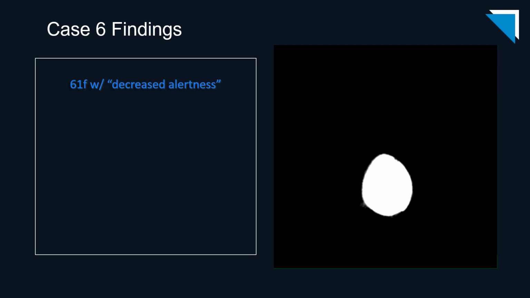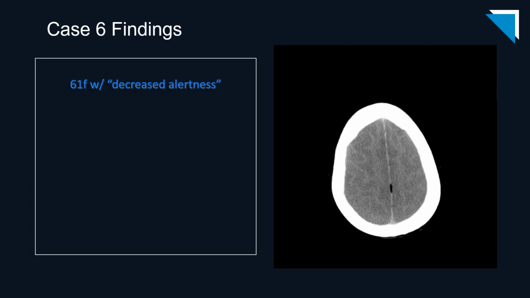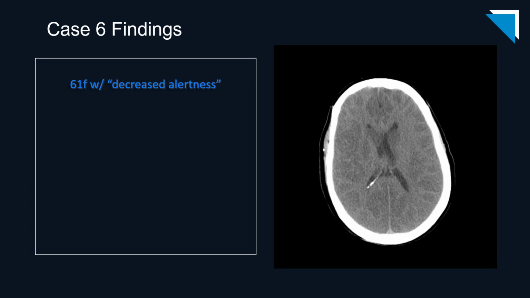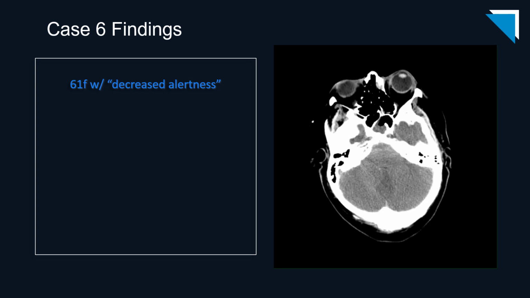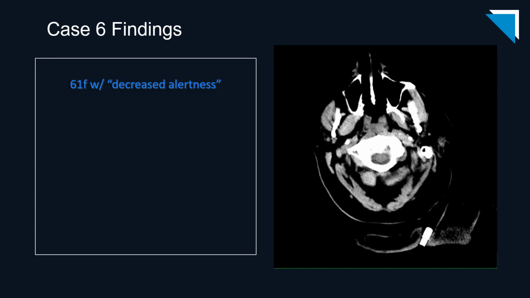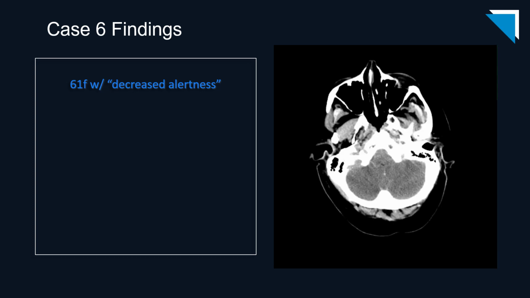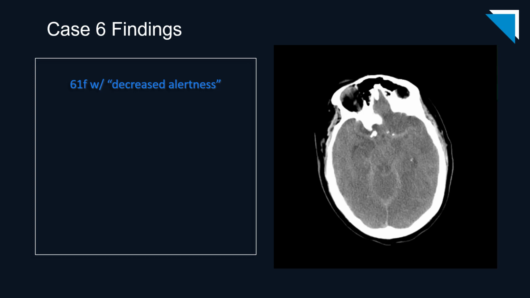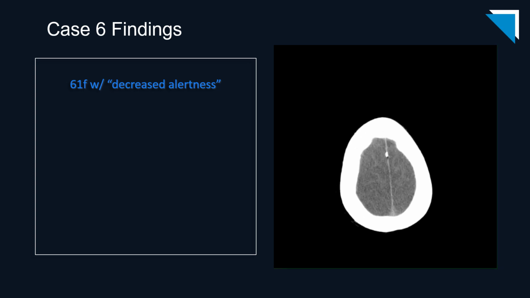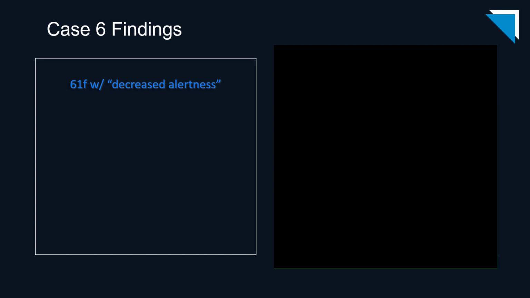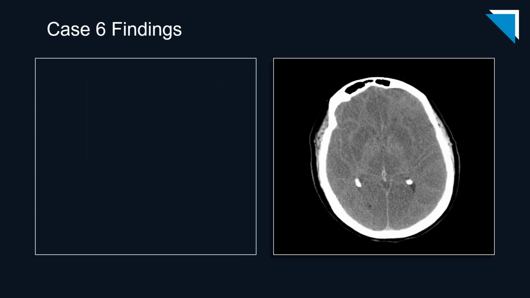The axial images, the findings in this case are quite striking. We again have the symmetric hypoattenuation in the basal ganglia.